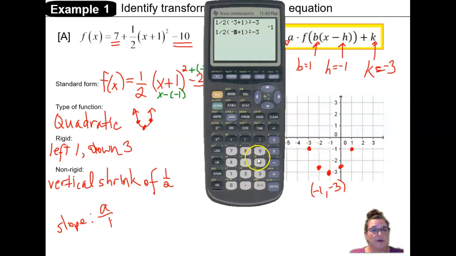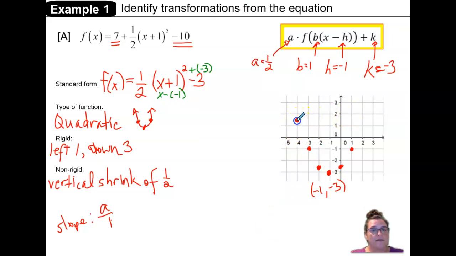And now I'm going to just put in -4 for my x, so I can see what's happening on this side of the graph. Press enter. So when x is -4, I have a y at 1.5. So I can plot that point, then reflect it over the axis of symmetry, and 2, 1.5 would be another anchor point, or guide point.